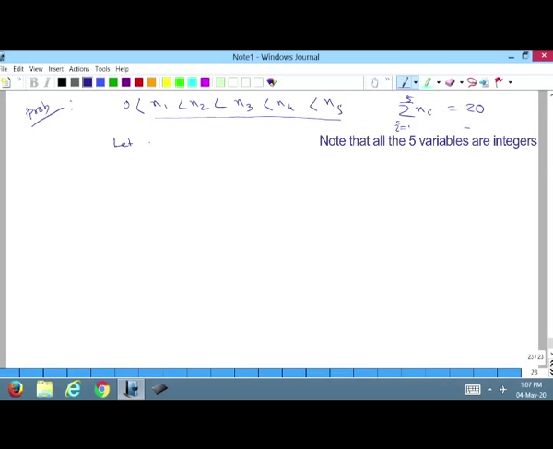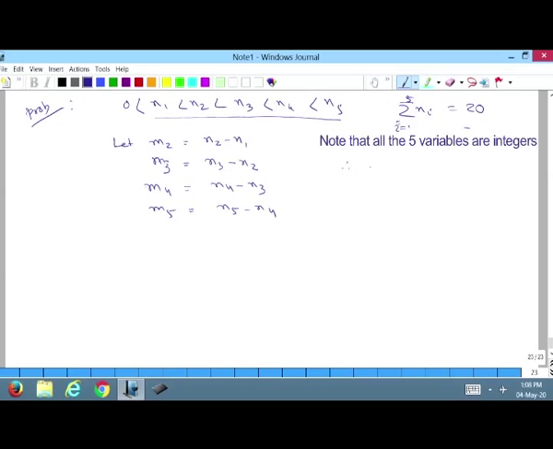Let m2 be equal to n2 minus n1, m3 equal to n3 minus n2, m4 equal to n4 minus n3, and m5 equal to n5 minus n4.